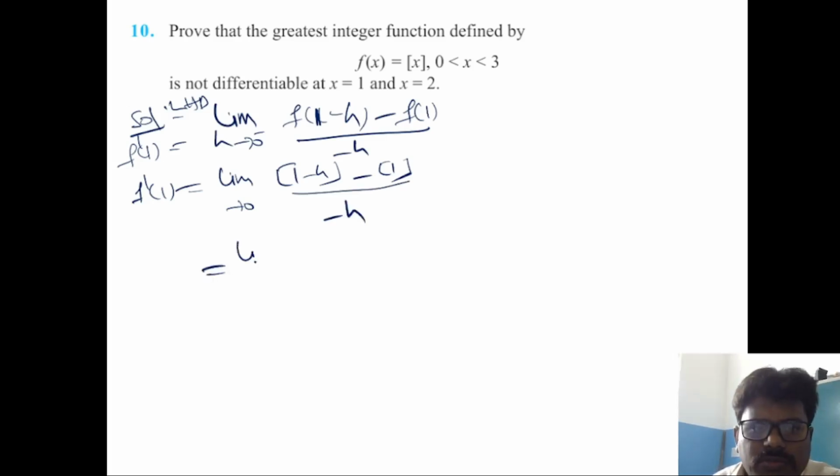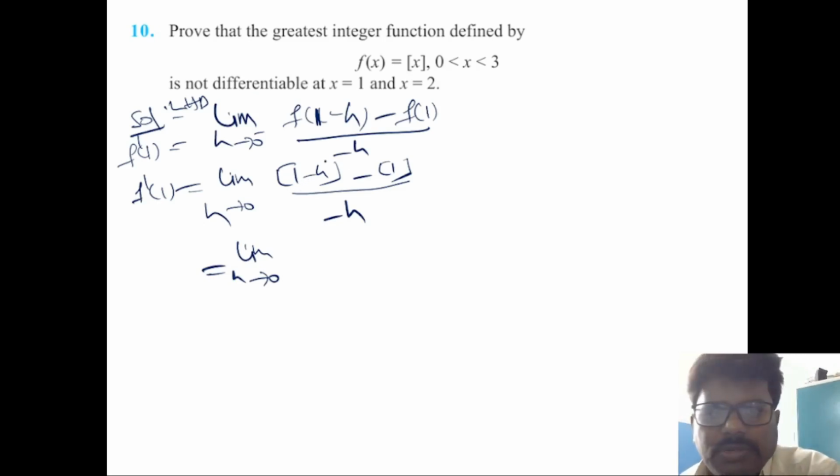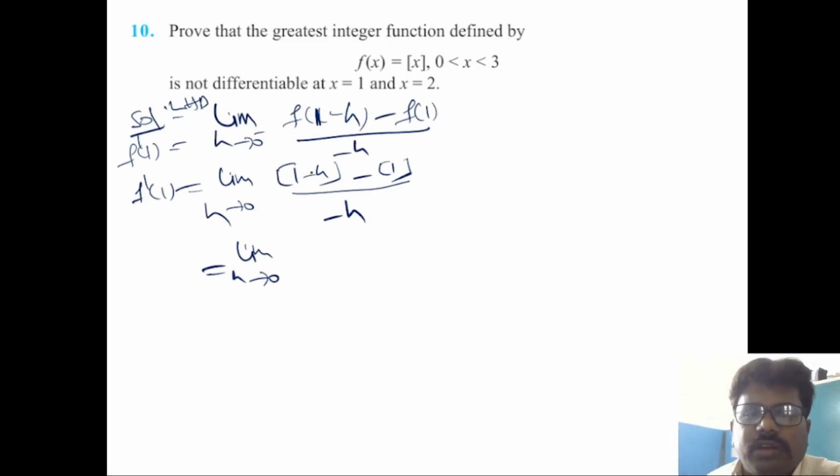So here if you calculate this, limit h tends to 0, 1 minus h means here when you subtract a small positive arbitrary constant from 1, obviously the value of this will be very close to 1. So let it be suppose 0.999.